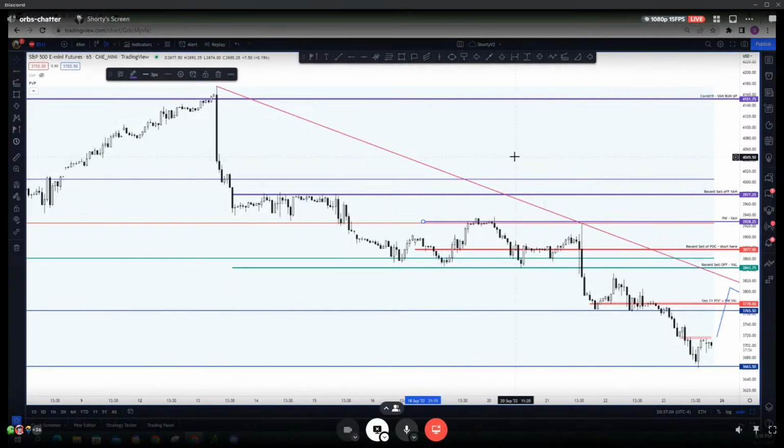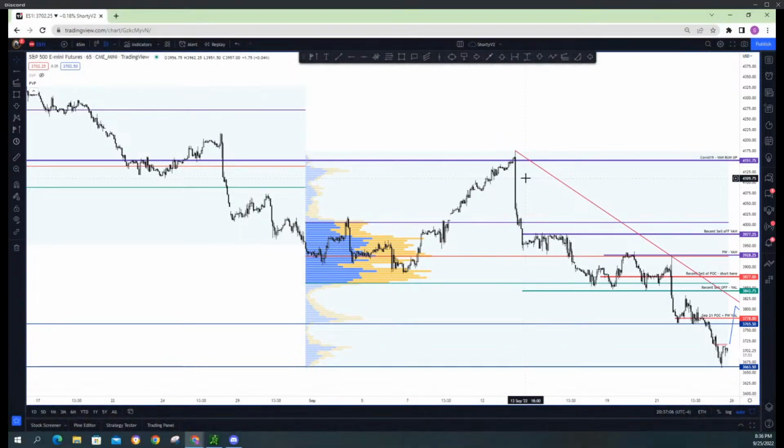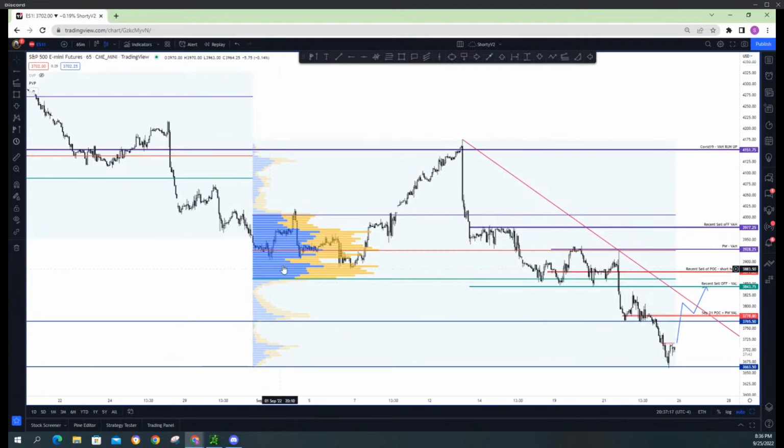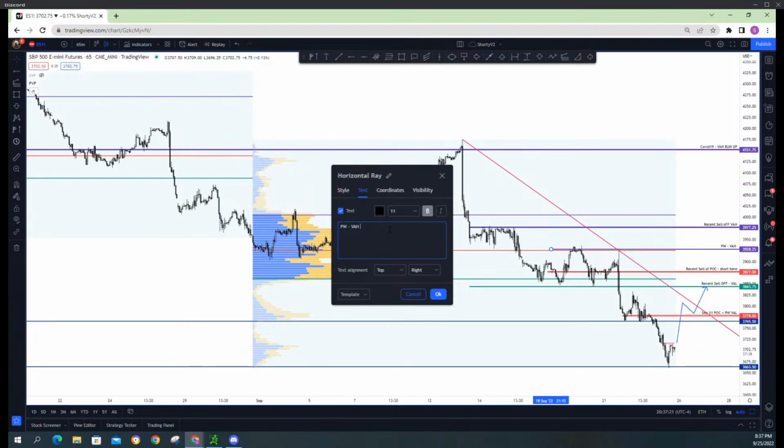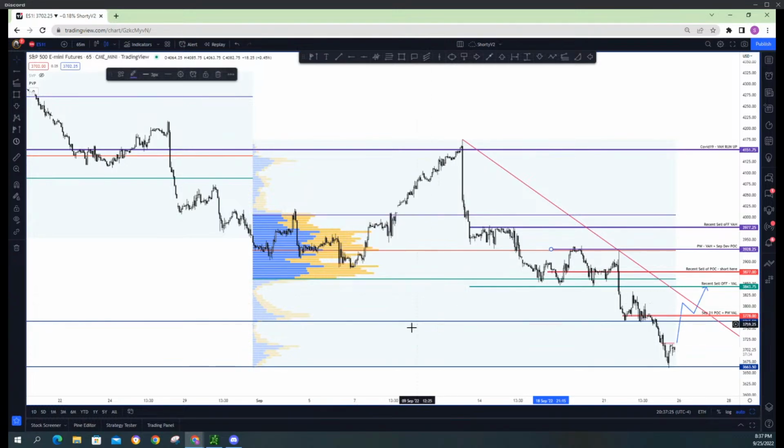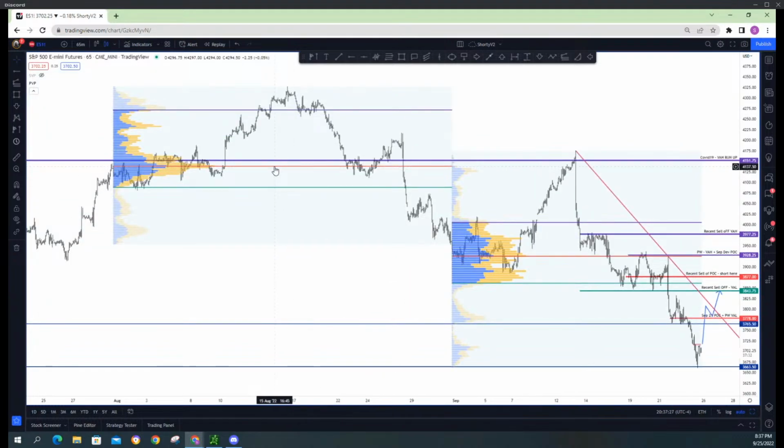No problem. And look where the developing POC is for the month of September. Right, I see that right here. And then obviously the previous month, that's right there.